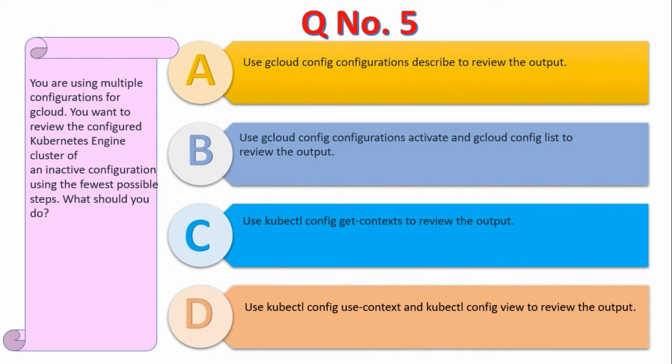Option B, use gcloud configurations activate and gcloud config list to review the output. Option C, use kubectl config get-contexts to review the output. Option D, use kubectl config use-context and kubectl config view to review the output. D is the correct answer.